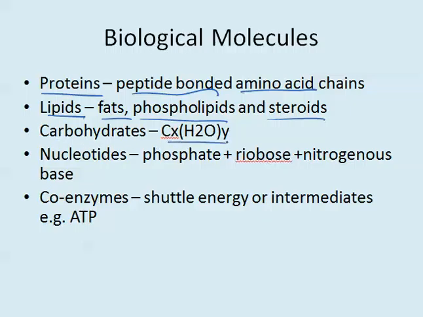Carbohydrates have this general formula, a fixed ratio of carbon to water molecules within them. Nucleotides, made up of phosphate, ribose sugar and a nitrogenous base, and then other substances like coenzymes help shuttle energy or intermediates around the place, such as ATP. And in SL and HL, you'll be focusing mostly on these types of substances.